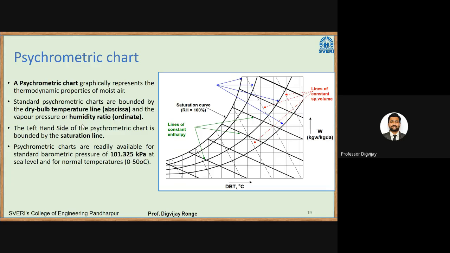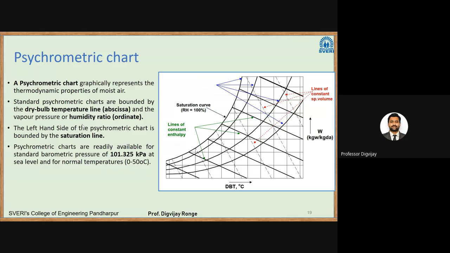If you design a system for cooling but it is also removing moisture, which is not necessary, that will affect your performance. So all the processes inside an air conditioning system are first studied on the psychrometric chart. Then, if you get the result that you want, the system is manufactured.